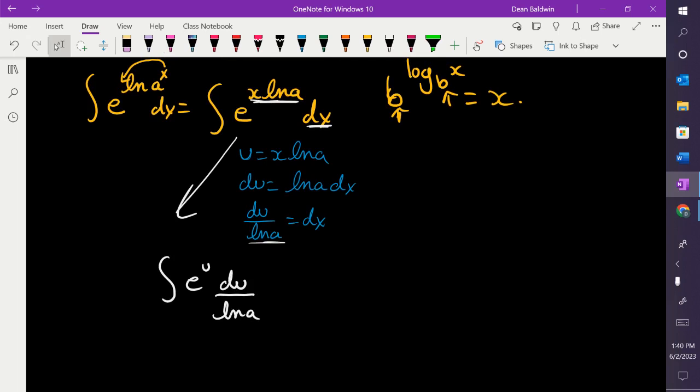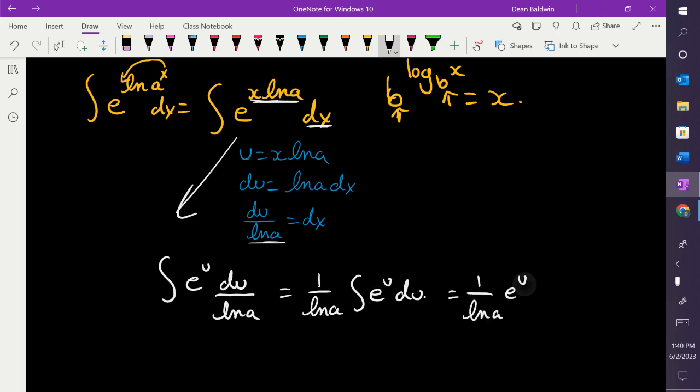The ln of a is a constant, so I can pull it outside of the integral. So I'm left with 1 over natural log of a times the integral of e to the u du. What's the integral of e to the power of u? e to the u plus c. And then the constant's in front. So it's 1 over ln of a times e to the u.